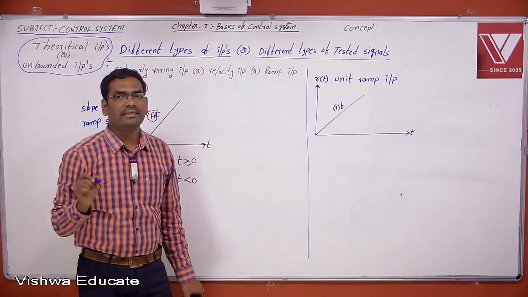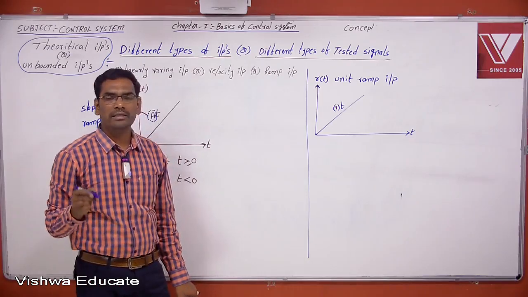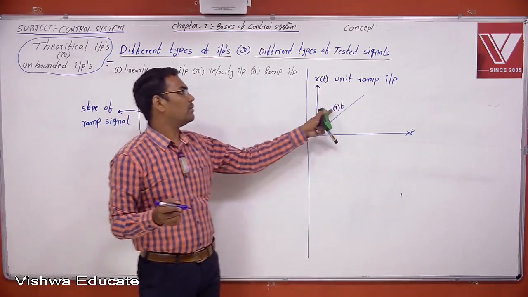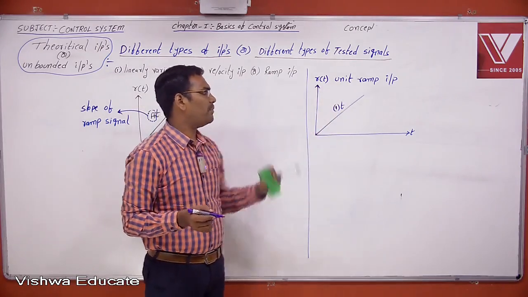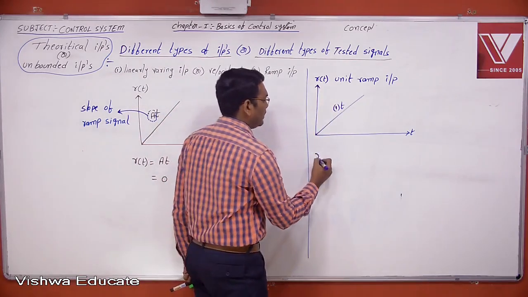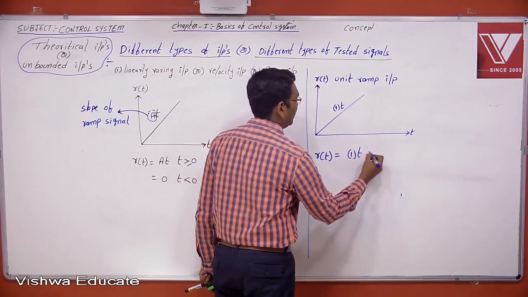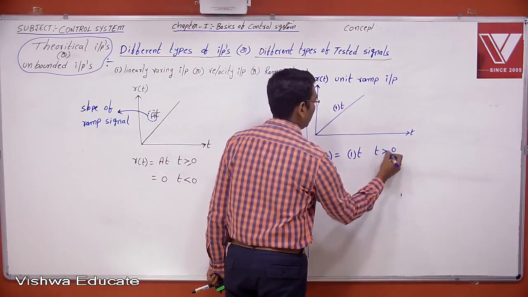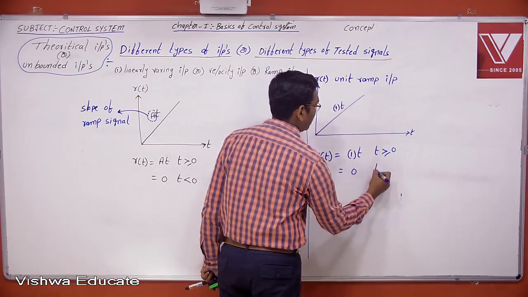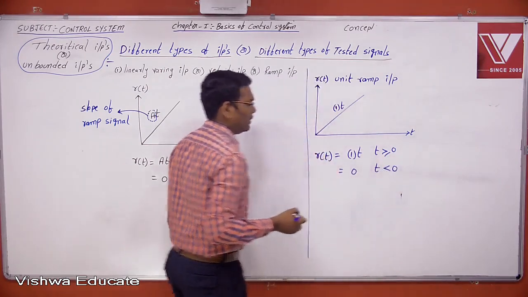Unit means whether it is a magnitude or slope or constant or whatever it may be, which is equal to exactly 1. Then this is the unit ramp input, and mathematically it is represented in time domain as R of t equal to 1 into t for t greater than or equal to 0, and equal to 0 when t is less than 0.